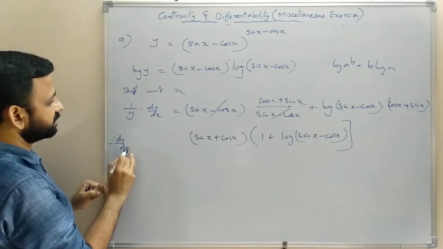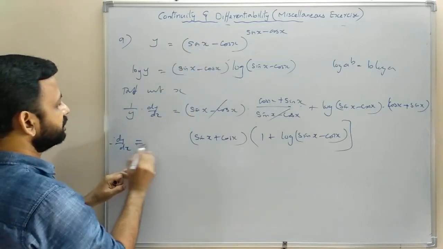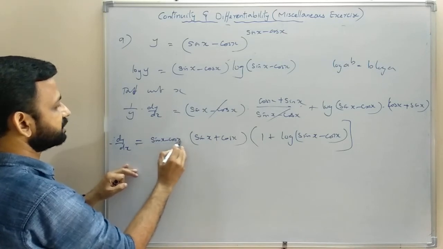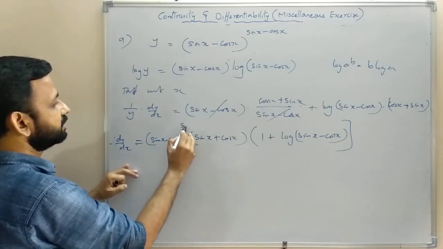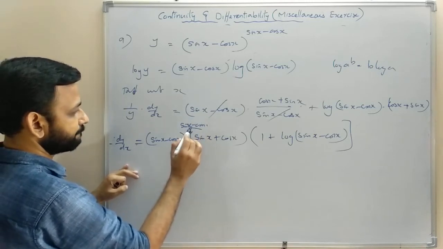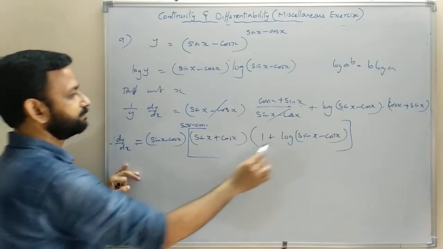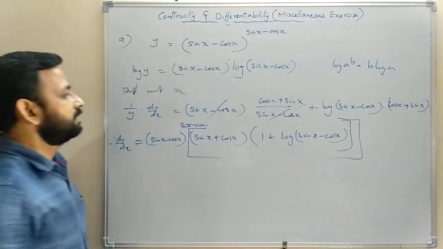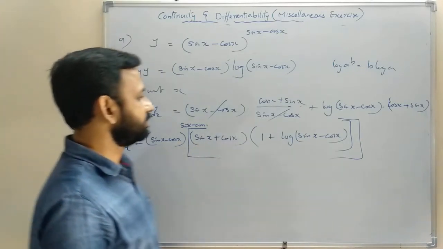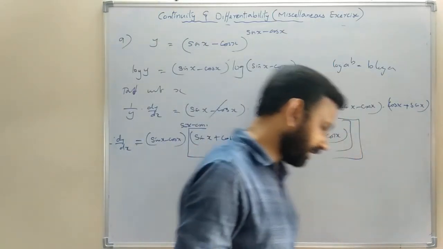Therefore dy by dx is equal to y times that, taking 1 upon y from left to right. So y is sin x minus cos x raised to the power sin x minus cos x, and inside the bracket we will get that expression. So that is question number 9.